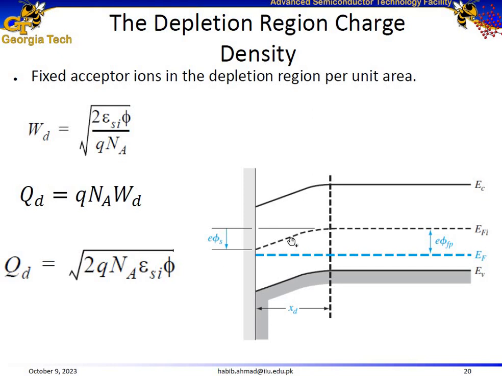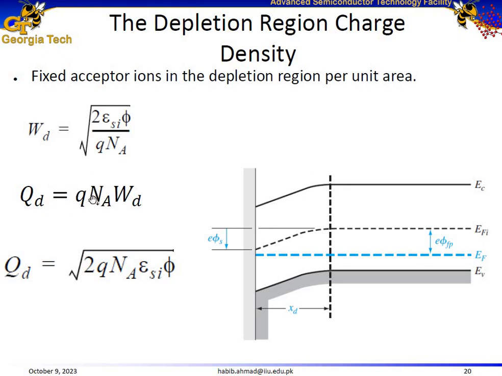Now, as we discussed, there are fixed negative charges inside this depletion region. For a p-type semiconductor, holes are repelled from this region, leaving behind fixed negative charges. These charges have a certain depletion region charge density in coulomb per centimeter square, and it can be calculated using this simple formula.